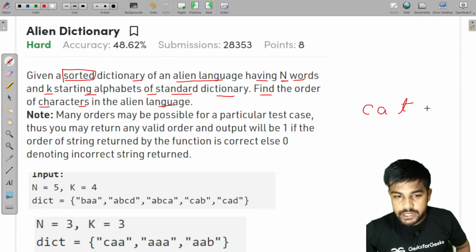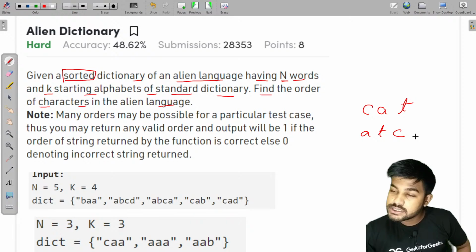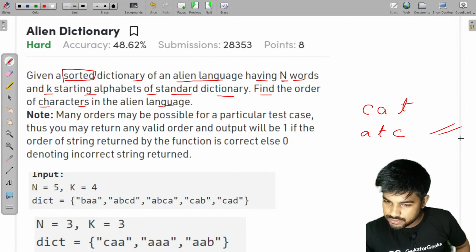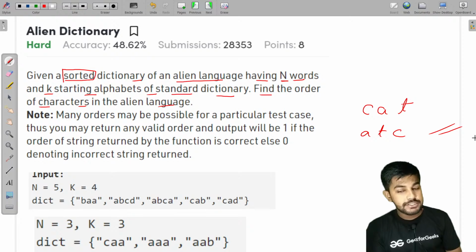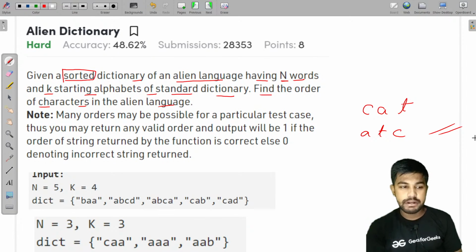But in their language they would use the same alphabets, but the words might be different, like ATC. In their language it might be the case that this is meant as cat itself. The alphabets would be the same, but the word meanings might be different.